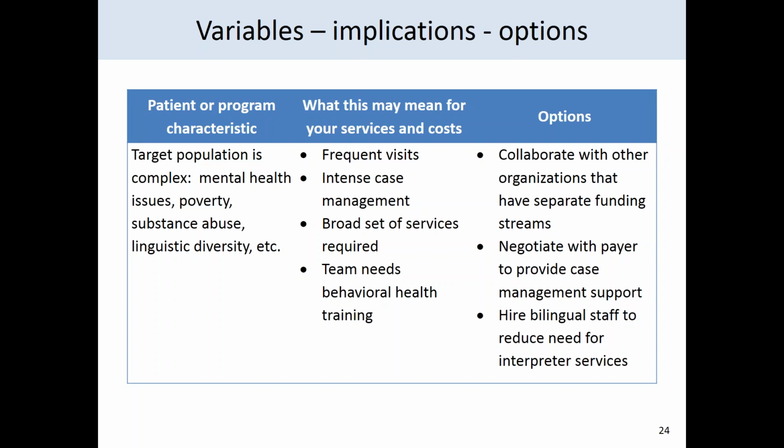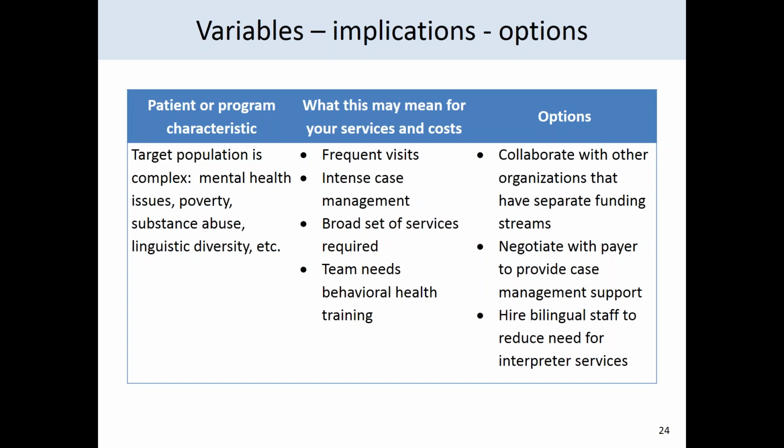So what are your options then to try to impact the cost of delivering care? Well, you could collaborate with other organizations that have separate funding streams. You could consider a bundle, a group of organizations that are looking to deliver care to these patients that would include a behavioral health organization specifically or a population health program that can help to manage the needs of this population.